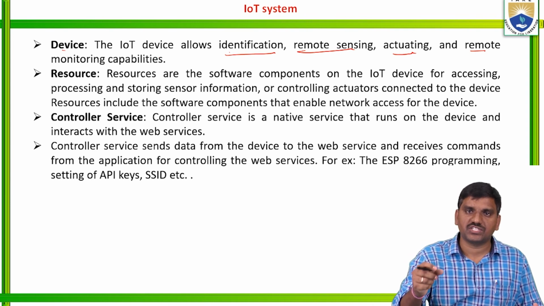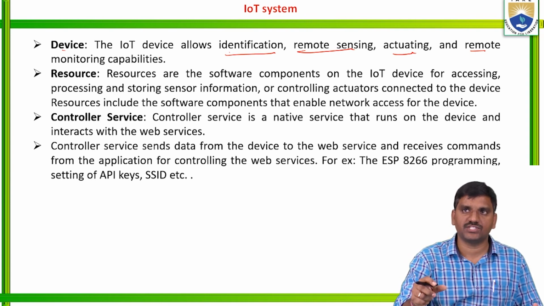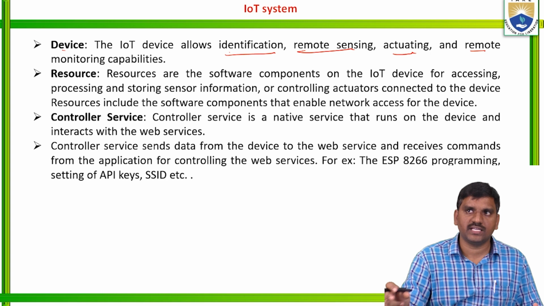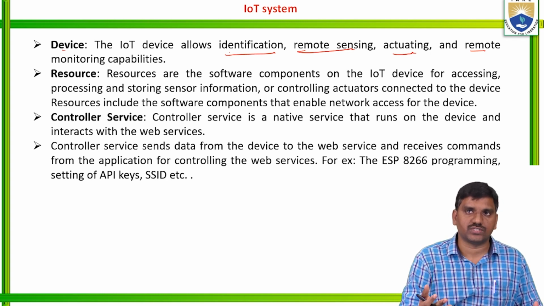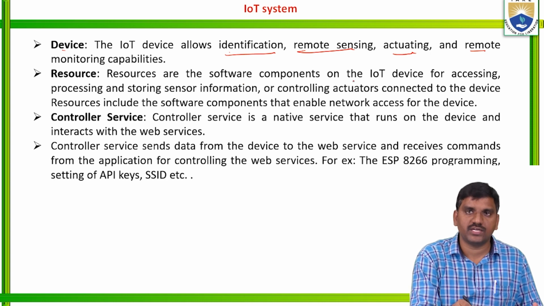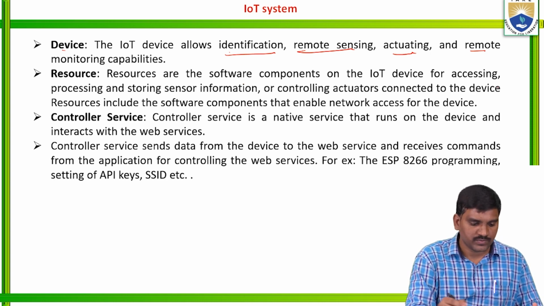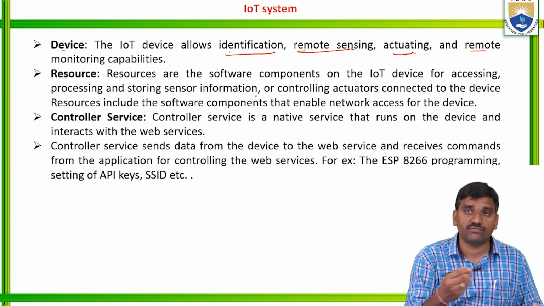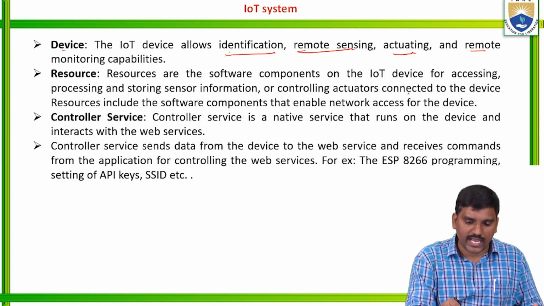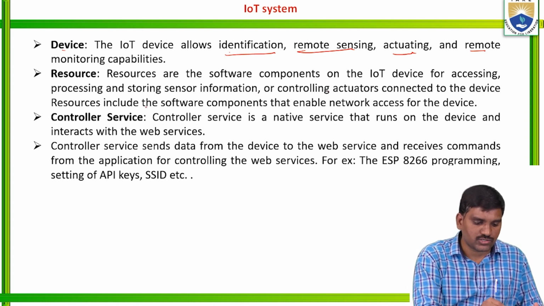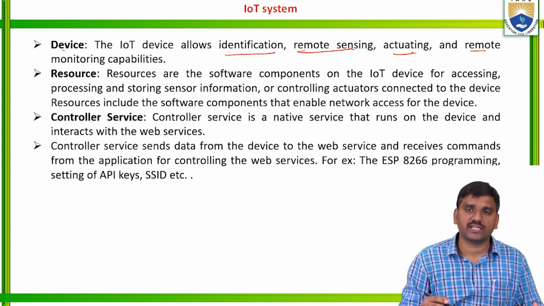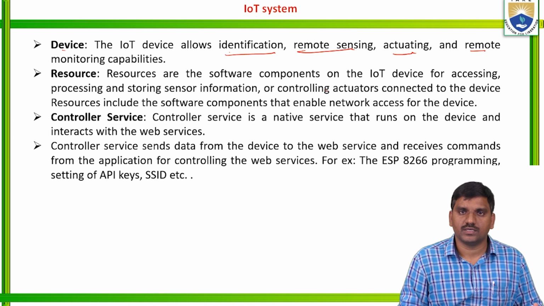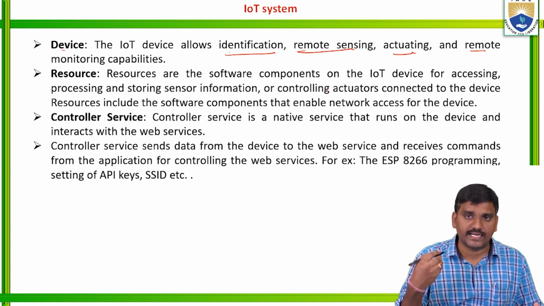Next, what are the resources? Resources are the software components on the IoT device for accessing, processing and storing sensor information or controlling actuators connected to the device. Resources include the software components that can enable network access for the device.